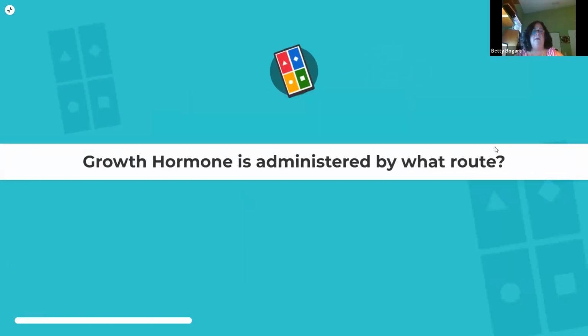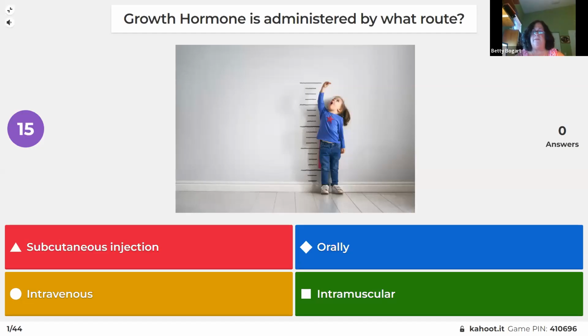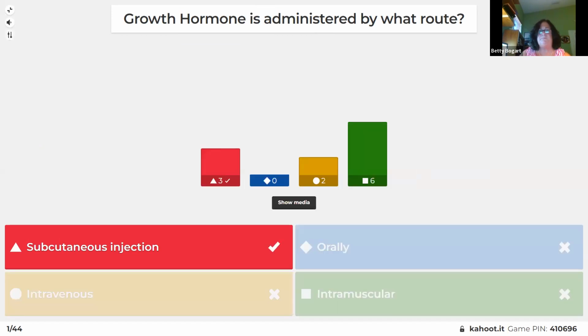Okay. Growth hormone is administered via which route? Your code is 410696. Now, growth hormone is a hormone secreted by the pituitary gland. And growth hormone shows you how tall you are, and that's why we do all these heights and weights. Now, growth hormone is actually a subcutaneous injection, usually given daily or weekly or bi-weekly, whatever the physician wants it to be.